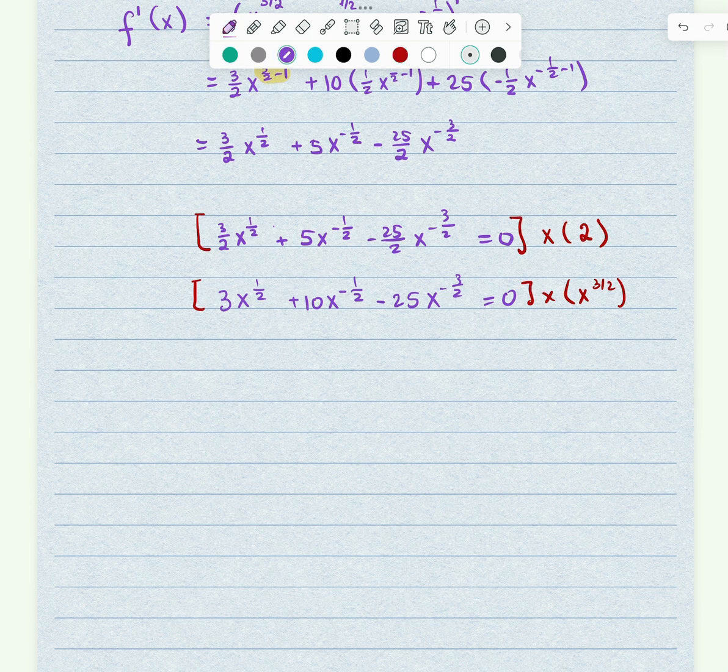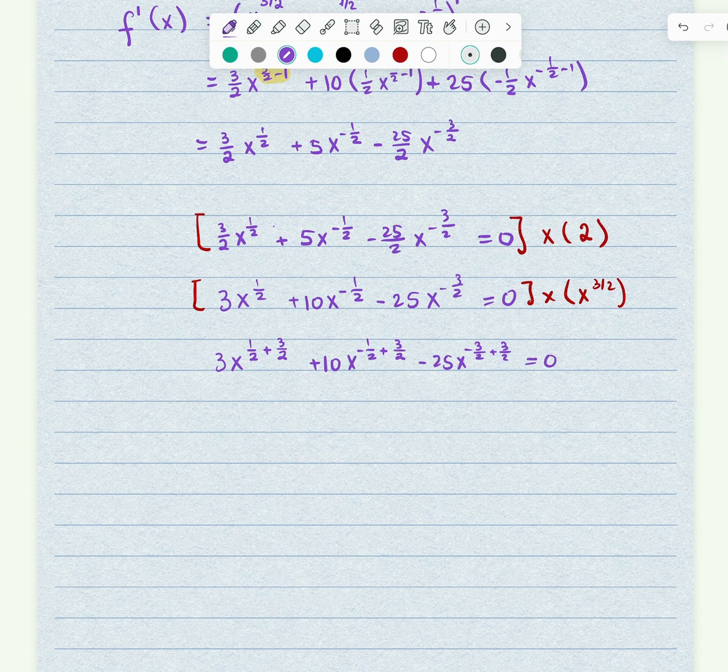So I'm going to write all the detail. It's going to be 3x to the power of 1/2 plus 3 divided by 2. Remember we multiply everything by that. 10 x to the power of negative 1/2 plus 3 divided by 2, and minus 25 x to the power of negative 3 divided by 2 plus 3 divided by 2, that equals 0.